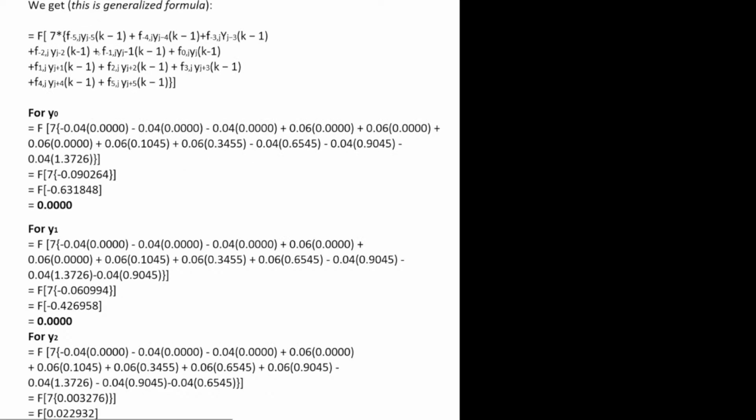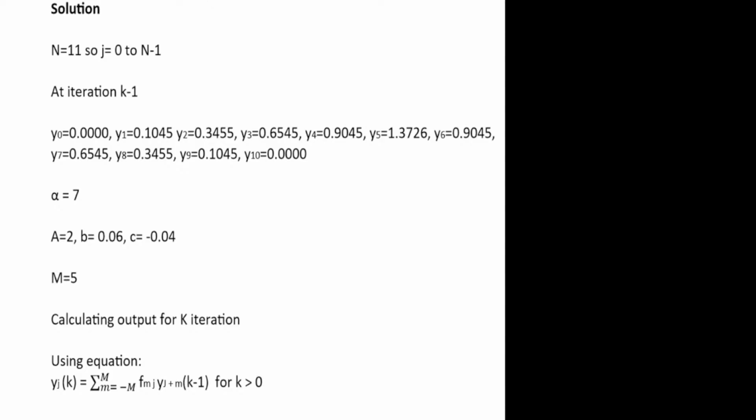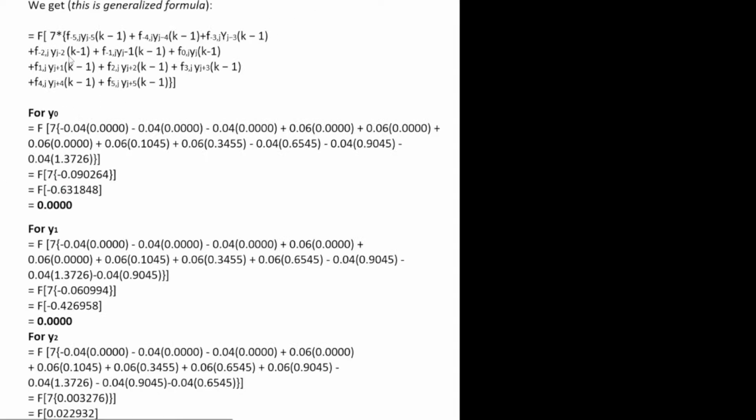So here is the generalized formula, f, 7 times all this, and the 7 comes from this alpha, 7 times all this, starting from minus 5 and going up to plus 5. Okay, so if it's 0, then you have to think of 0 minus 5.